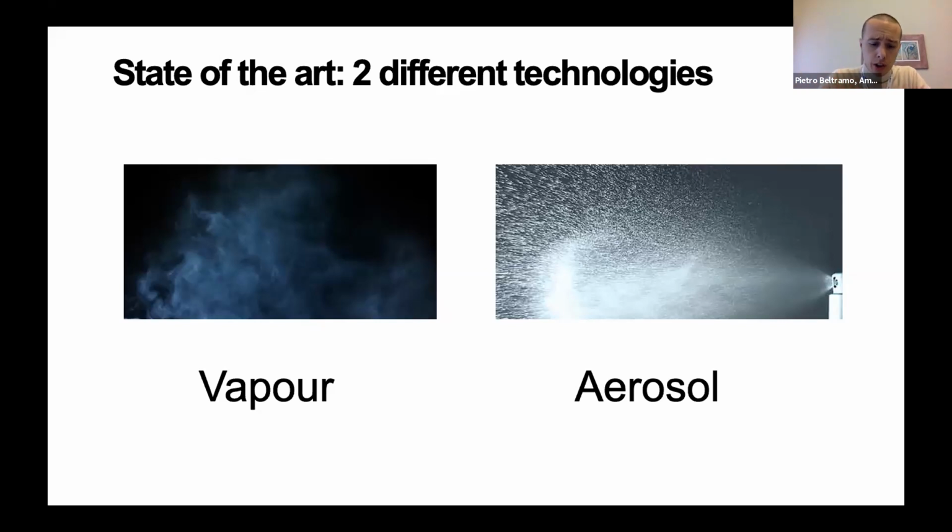Both technologies are available on the market with different prices and different suppliers. From my point of view, it's very important today to learn how to distinguish and understand the differences between those two technologies.